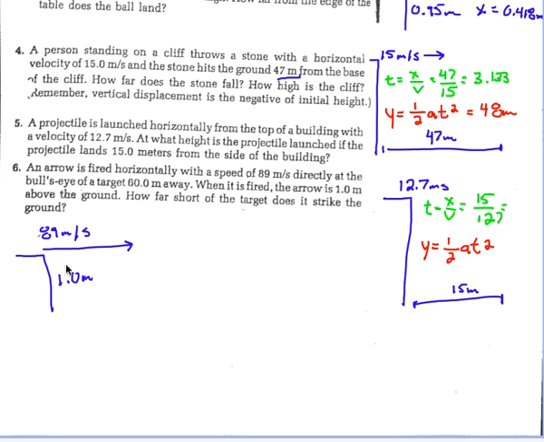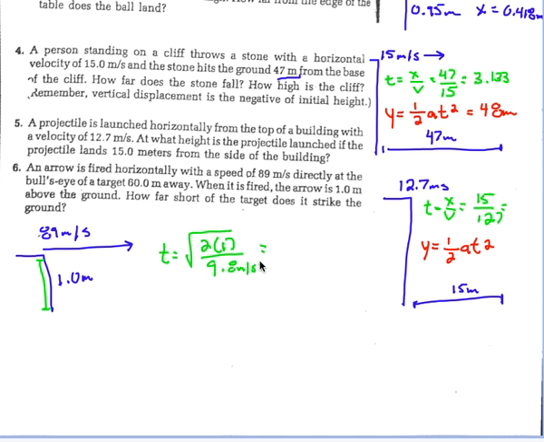So the first thing we need to do is solve for time. And this time we can use the y direction because we have some information there. So time is the square root of 2 times the distance in the y direction, which is 1 meter, over 9.8 meters per second squared.